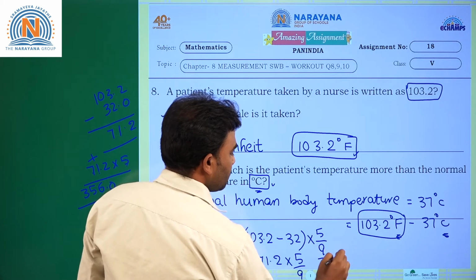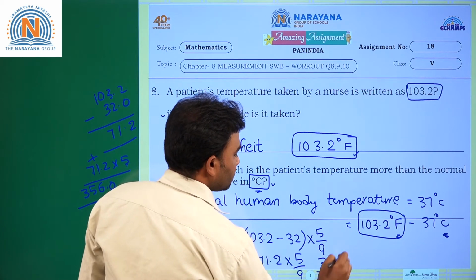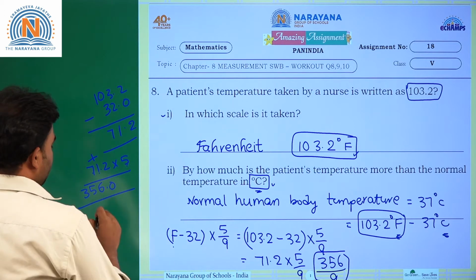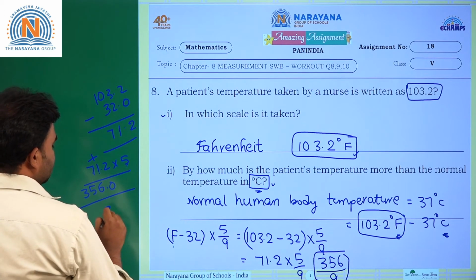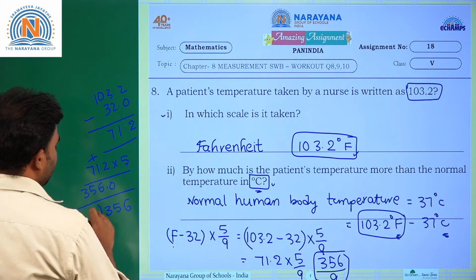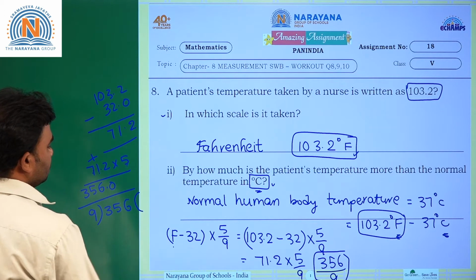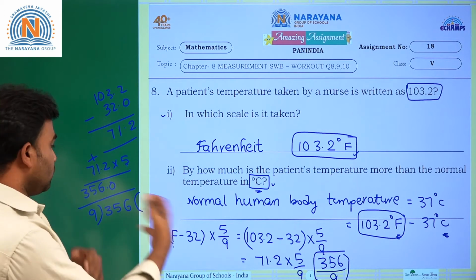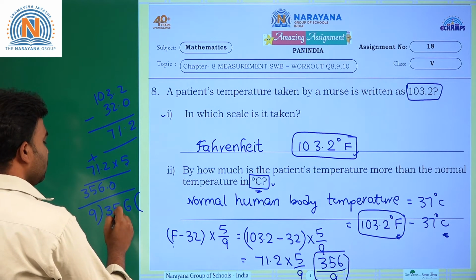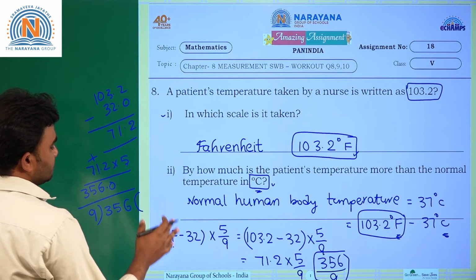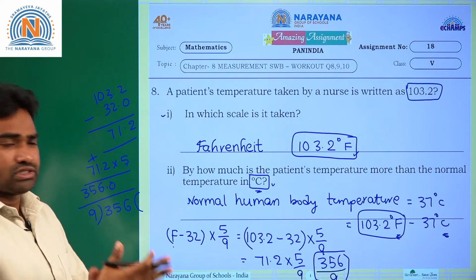Let's divide 356 by 9. 3 divided by 9 is not possible, so go to the next place, that becomes 35. 9 3's are 27 and 9 4's are 36.